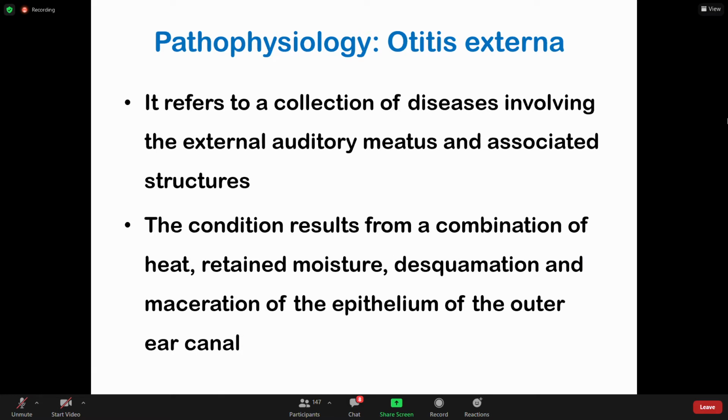The condition results from a combination of heat, where you have moist heat, desquamation, and maceration of the epithelium of the outer ear canal. Now, maceration means you have softening and breaking down of the skin that results from prolonged exposure to moisture.